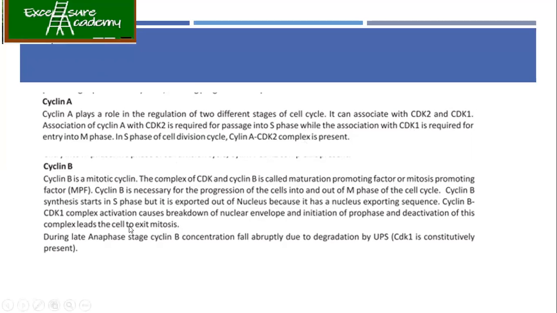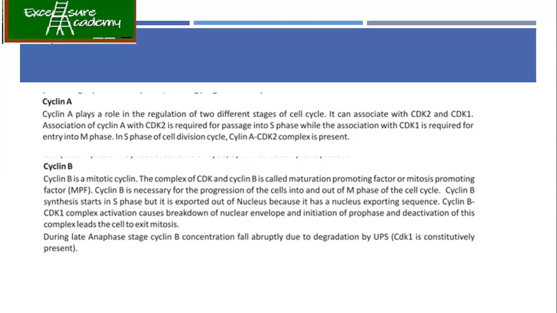So, the complex of CDK and cyclin B is called maturation promoting factor or mitosis promoting factor. Cyclin B is necessary for the progression of the cells into and out of the M phase of the cell cycle. So, this we have already studied in the previous lecture also. Cyclin B synthesis starts in the S phase only. And of course, why?